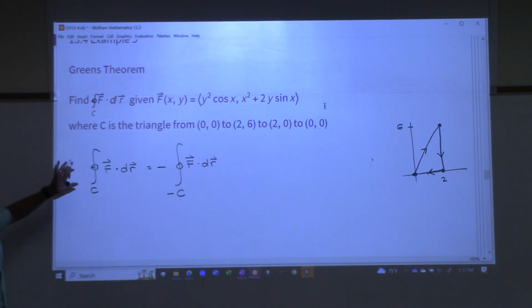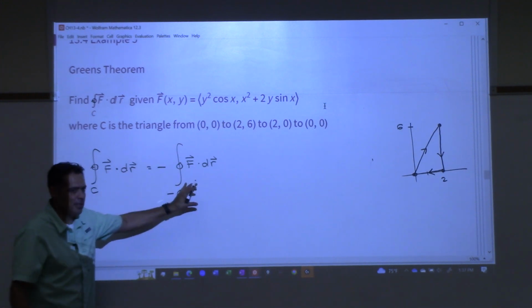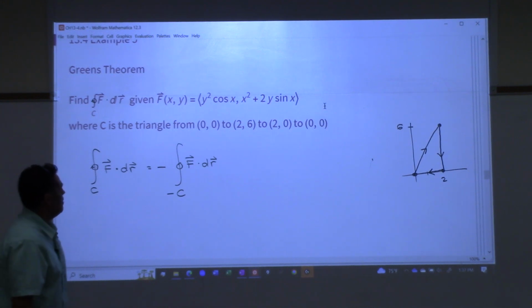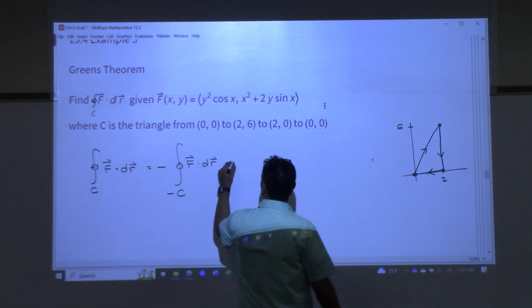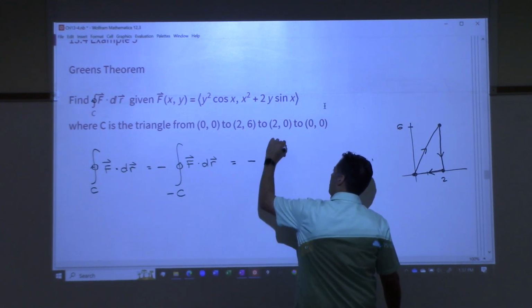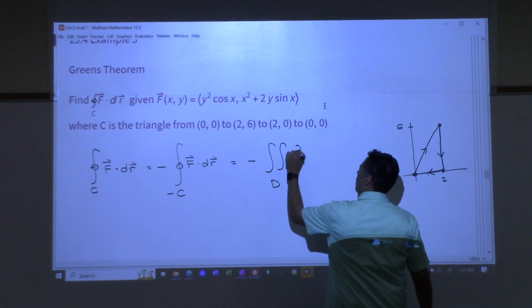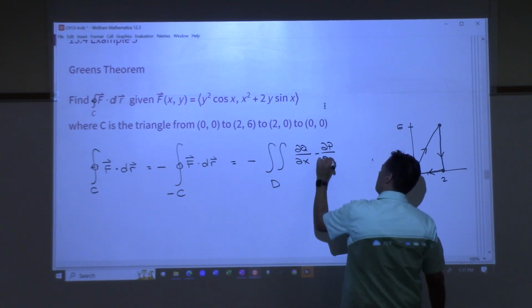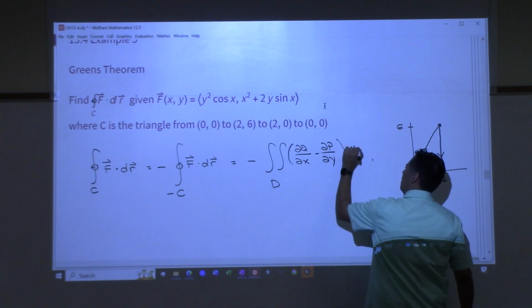So the integral with the negative orientation turns into the negative of the positive orientation. Fair? All right, now this, by Green's theorem, should be, negative comes with us, negative of the double integral over D of the partial of Q with respect to x minus the partial of P with respect to y dA.